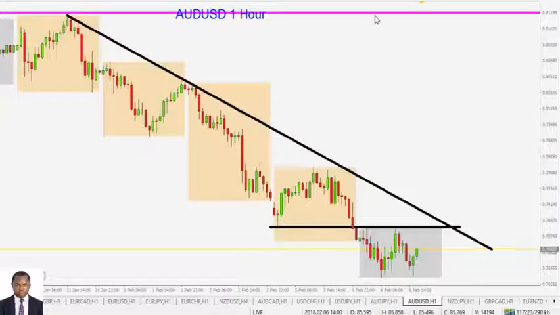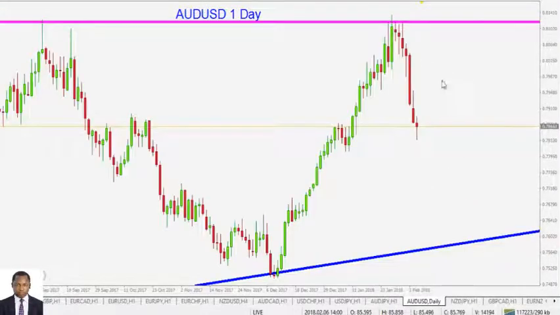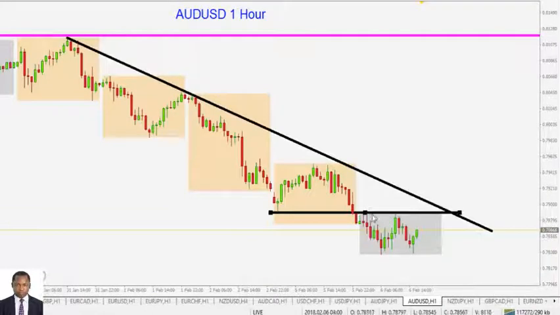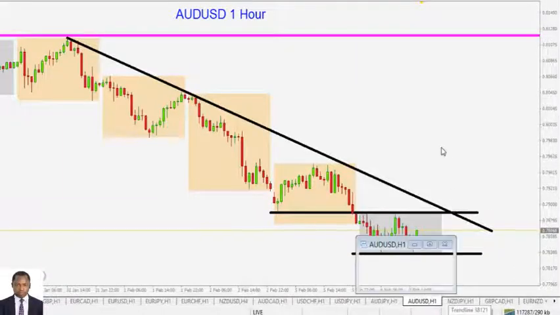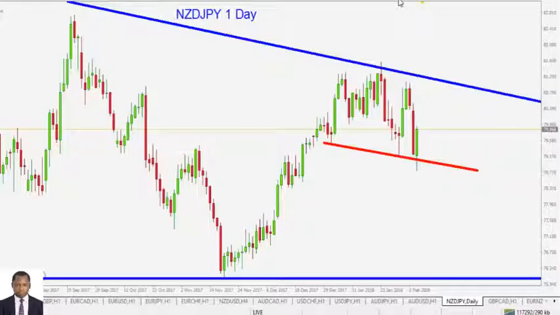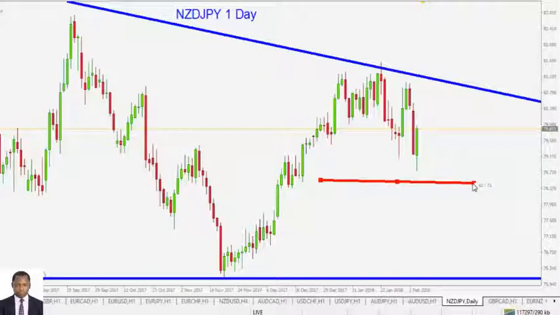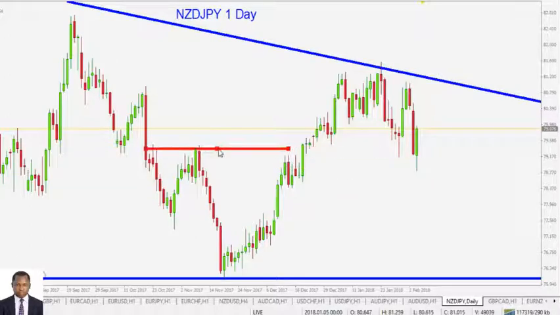The Australian dollar against the American dollar. We are seeing a congestion day. Let's wait for the breakout. The New Zealand dollar against the Japanese yen. It is hard to find a perfect setup.